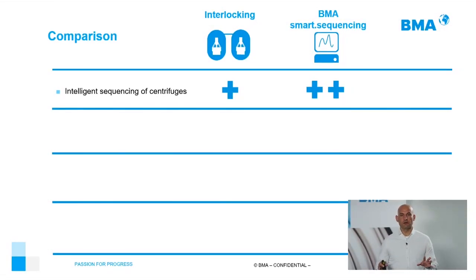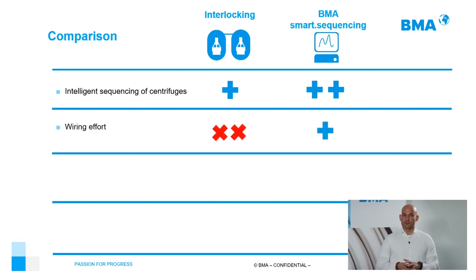Possible it is, absolutely, if your interlock is living in the DCS system, but pretty complicated. The smart sequencing, as we saw, and at the moment we have only the first operation mode, is already programmed and it's working properly.